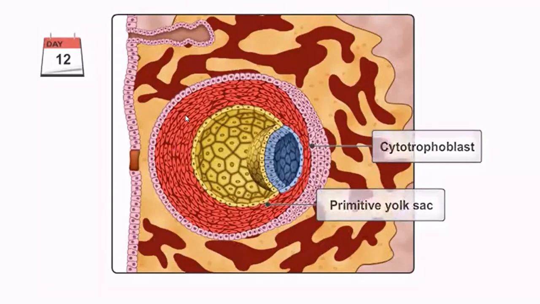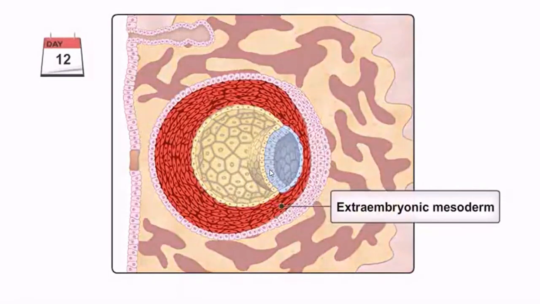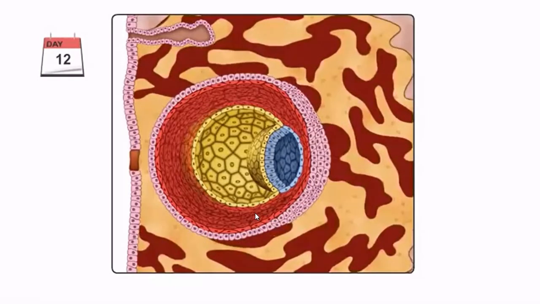It's like medial cells between them. Actually they will establish the fine capillary network of the placenta. It's known as extraembryonic mesoderm, as I said.